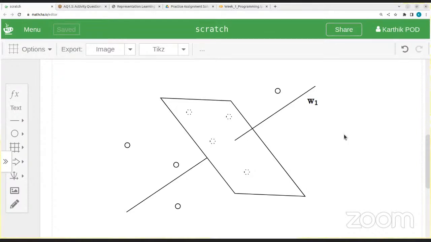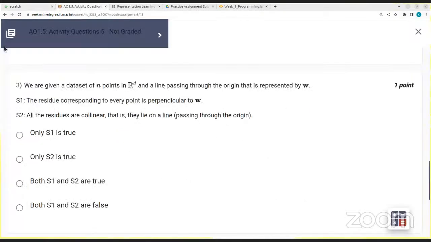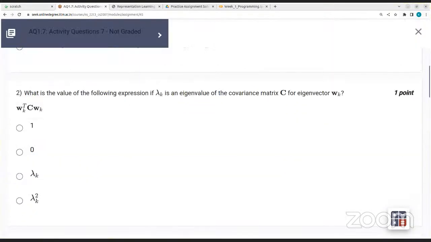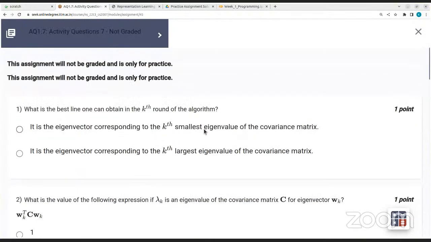Okay, any other questions in activity or practice? Sir, activity 1.7. Question number 1. Okay, what is the doubt?